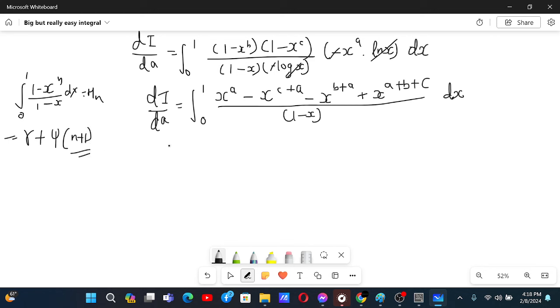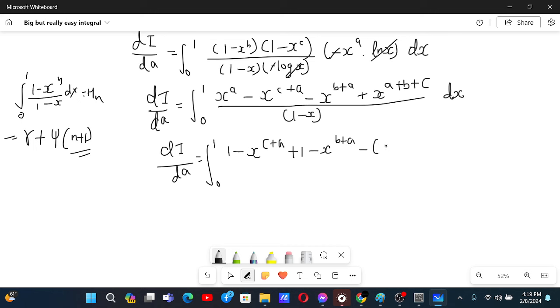Now let us try to use this on dI by da. Basically for these we can introduce a 1. For this one also we can introduce a 1, and for this we will introduce a minus 1.